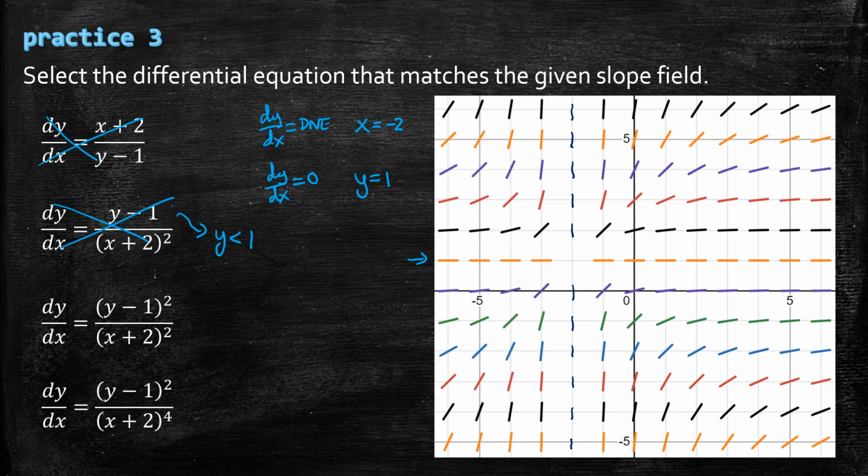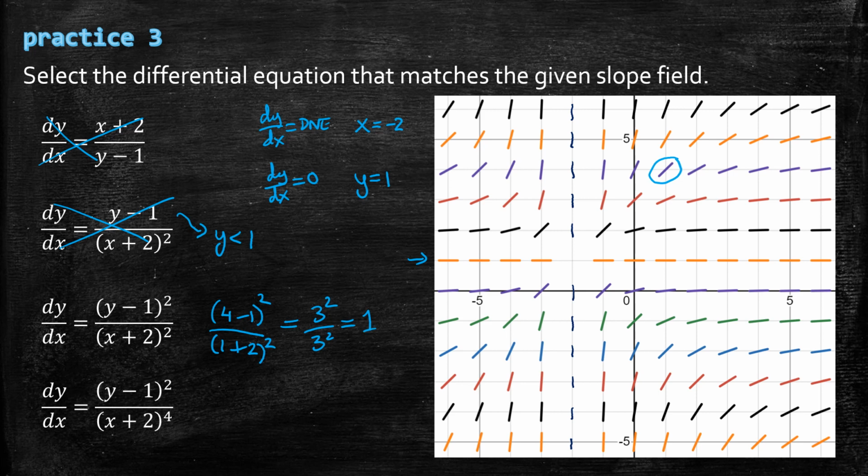So let's look. I usually pick a segment that looks like it has a slope of 1. So that point there, which is 1, 4, seems to have a slope of around 1. So if I put 4 in for y and 1 in for x, I would get 3 squared over 3 squared, which is indeed 1.